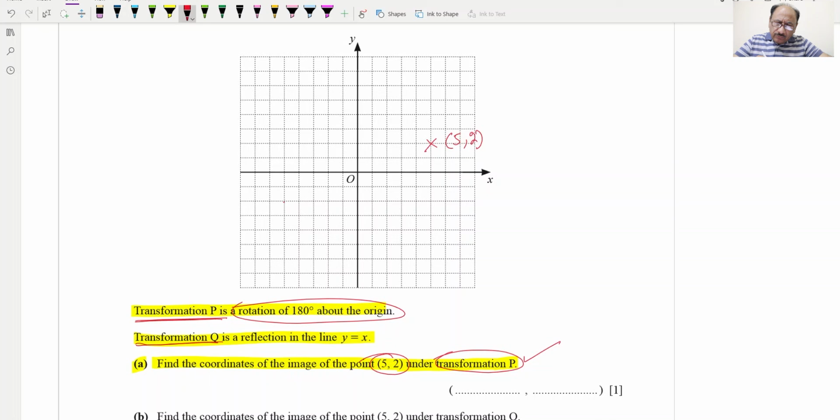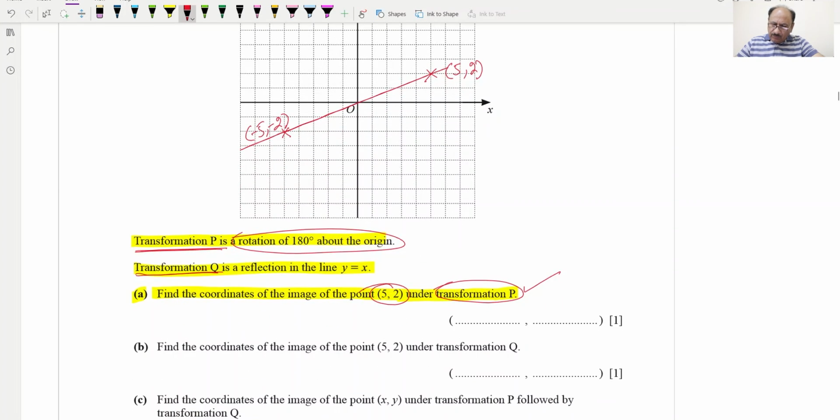We can draw the line here, and this will be the point. So 1, 2, 3, 4, 5 and -2. The coordinates will be -5 and -2. This will be the answer for this one. Now we can provide the coordinates -5 and -2. This is the rotation of 180 degrees about the origin.